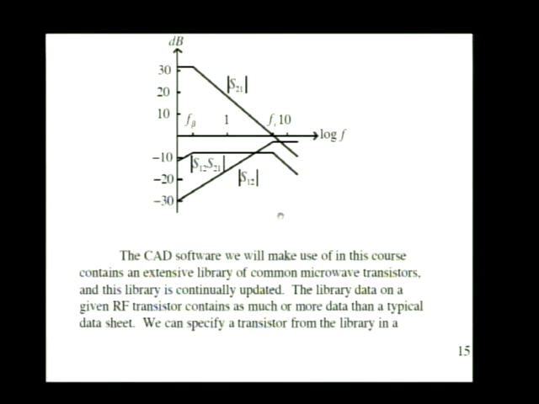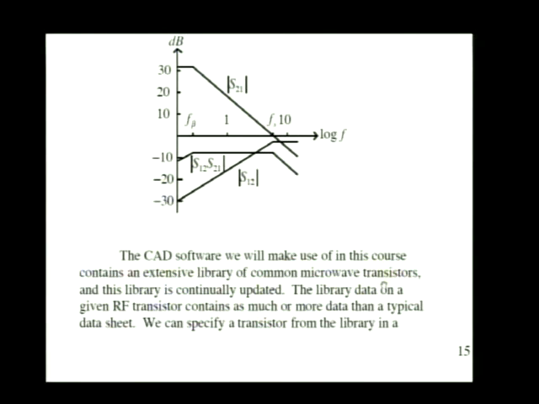Now, the reason why we're not going to worry about having to measure the values of the scattering parameters at different frequencies in this course is because we're going to make use of the ADS software and simulation of the circuits. And the ADS software has an extensive library of commonly used RF transistors.